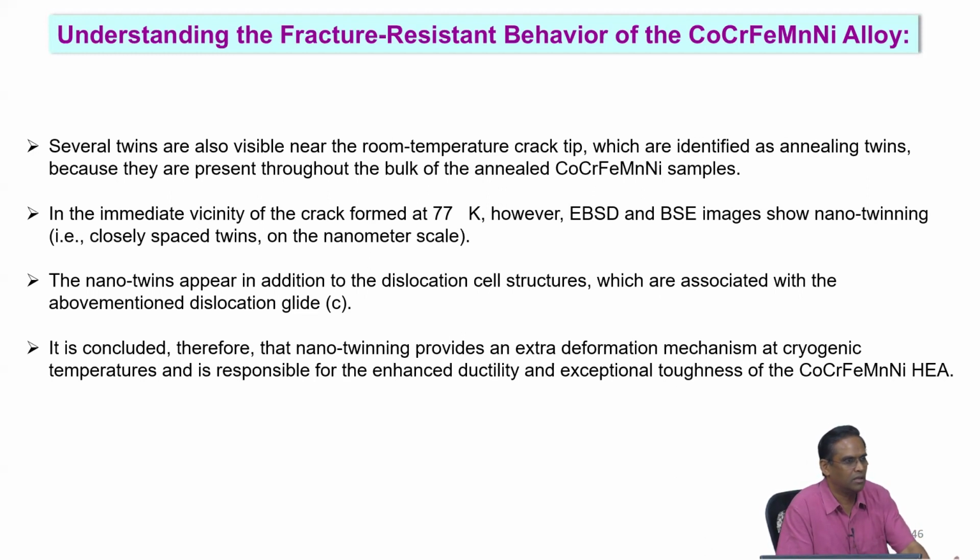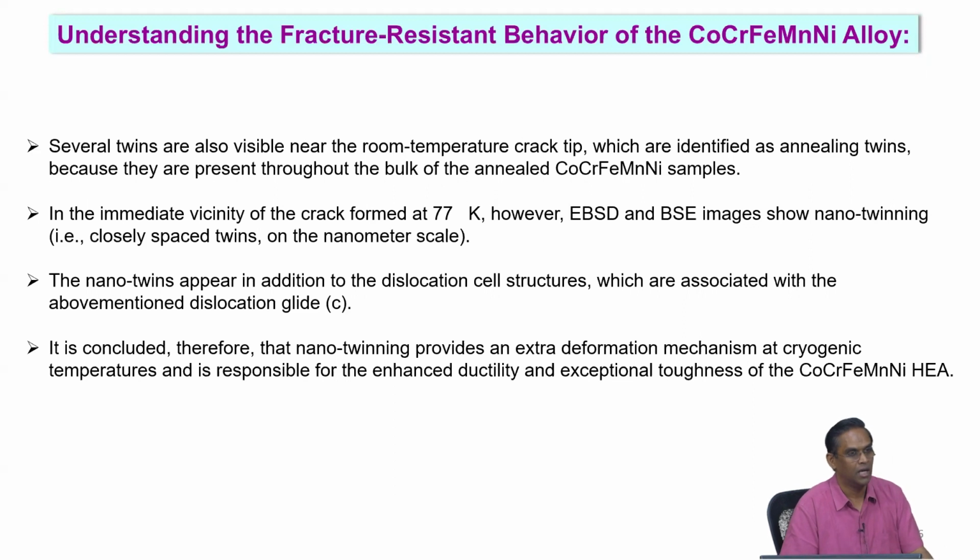So, what is the basic deformation mechanism? The basic deformation mechanism is slip, that happens anyway for any material, irrespective of the temperature, whether room temperature or high temperature. In addition to that slip, twinning is also another mechanism which happens at a very nanoscale level.